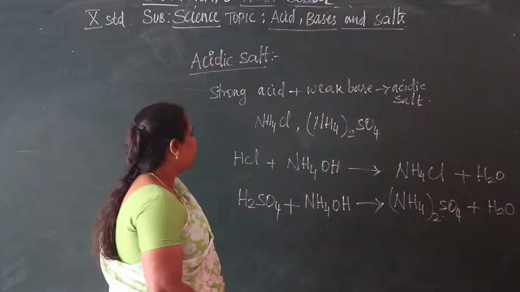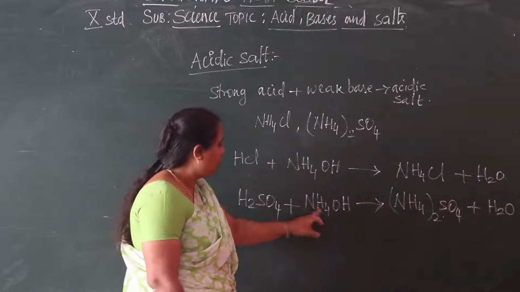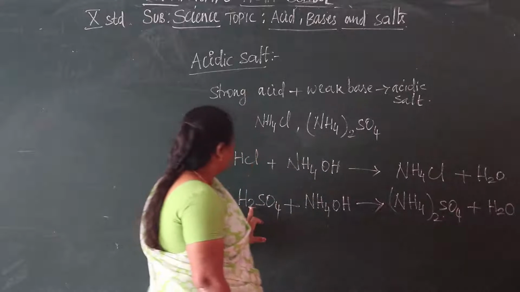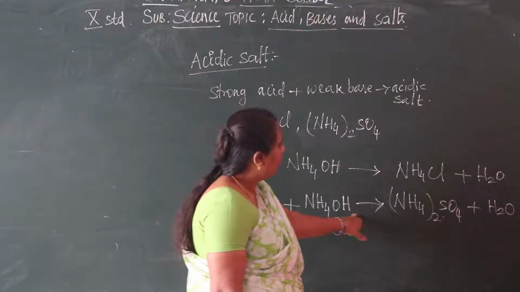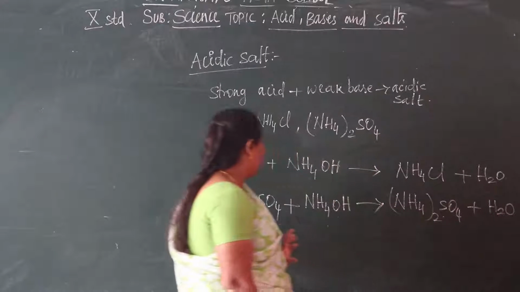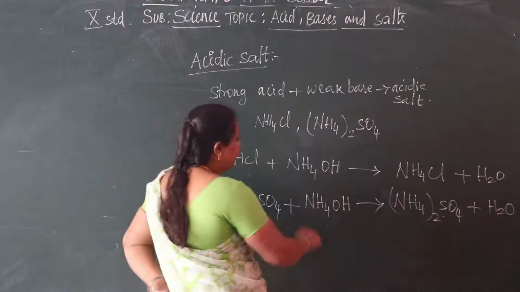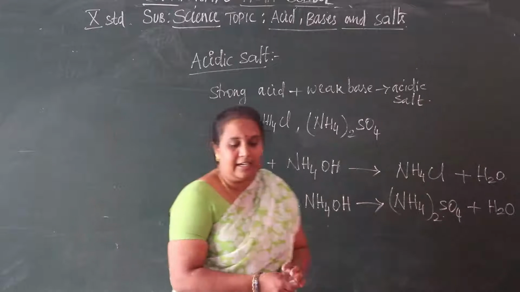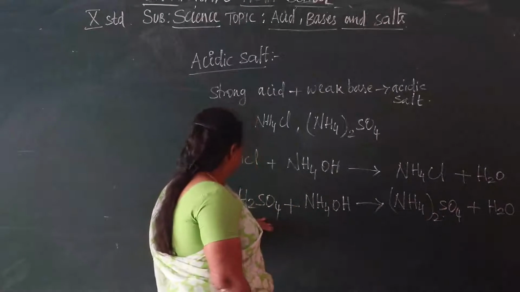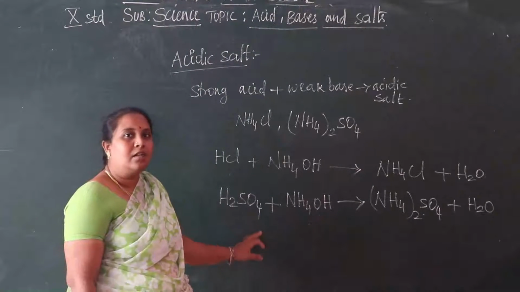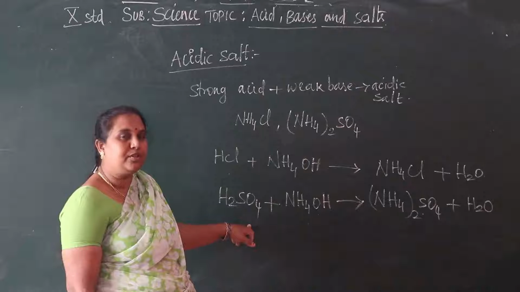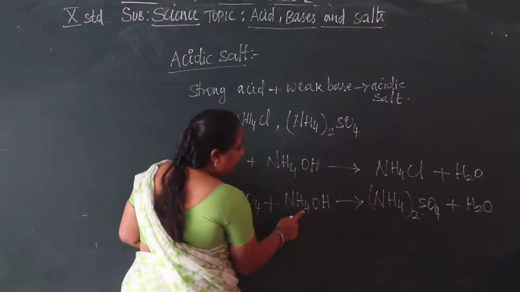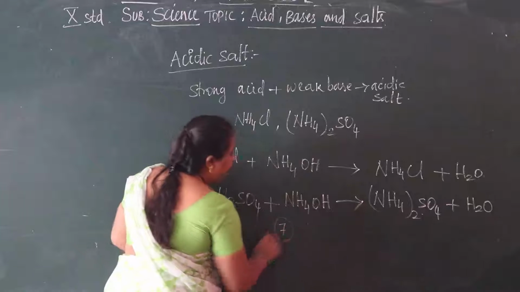Now see here, counting the hydrogen atoms. On this side we have 2 plus 3 plus 4, that is 7 atoms of hydrogen.